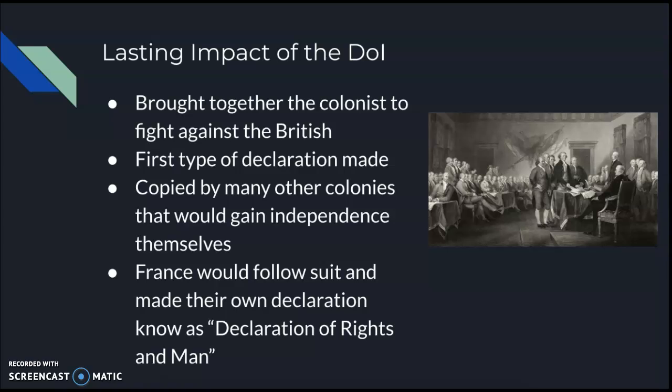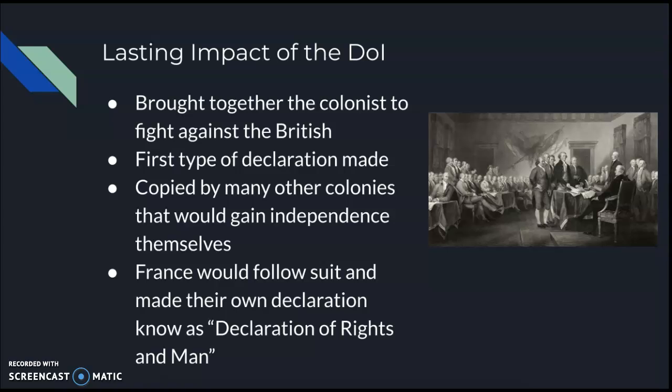Never before has a colony basically told its colonizers, hey, we are no longer going to be ruled by you, so get out of here. This declaration would actually be copied by many other colonies in the Americas in the future.